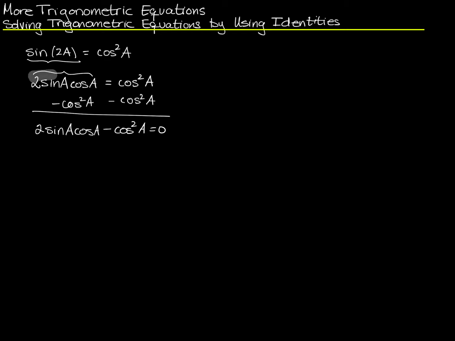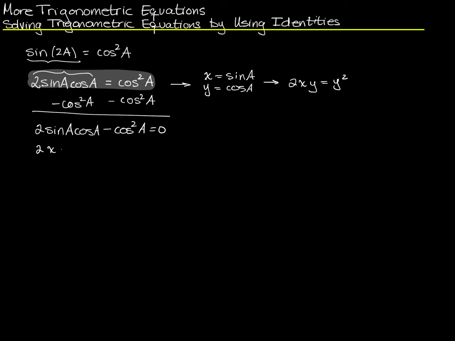Now, if I go back up to this line right here, I could have written this using the idea that x equals the sine of a and y equals the cosine of a. That would have given me 2 times x times y equals y squared. I could do that down here too with the same substitution. I now have 2 times x times y minus y squared equals 0.